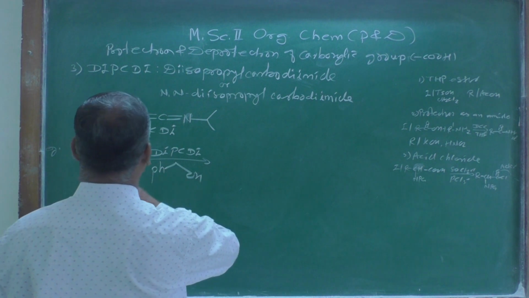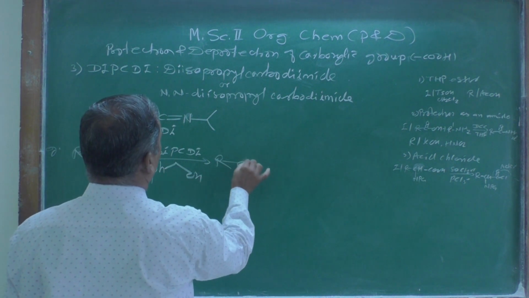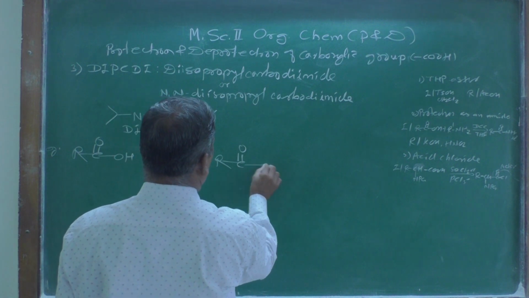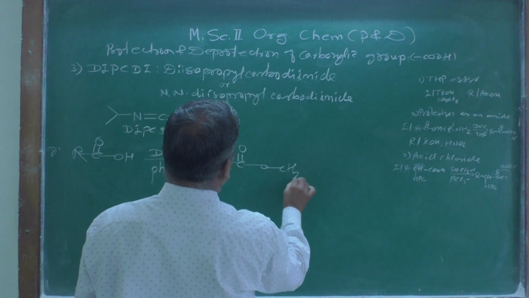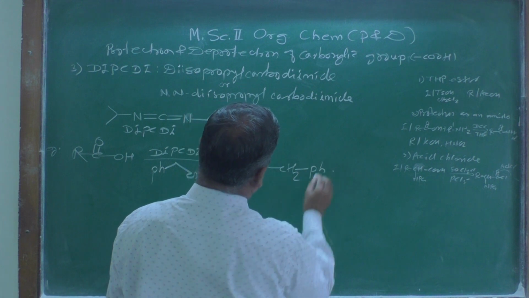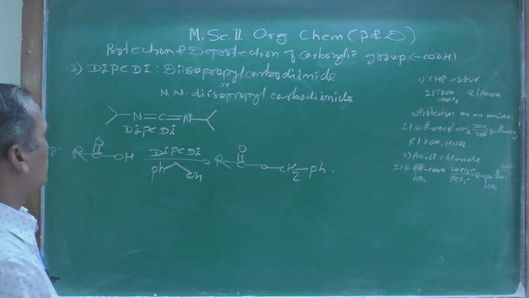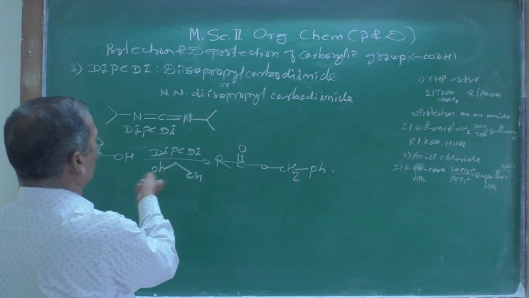You get R C double bond O, then O CH2 Ph, right? CH2 Ph. So that is the protecting group.